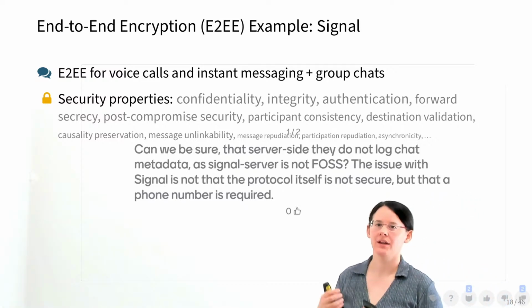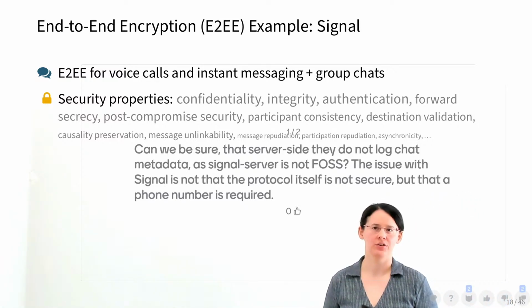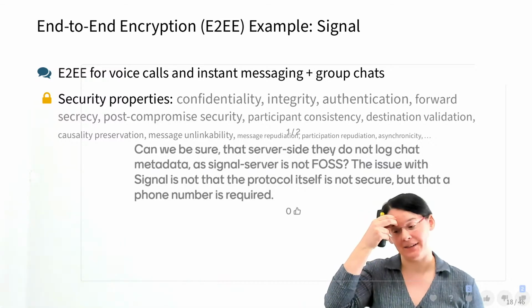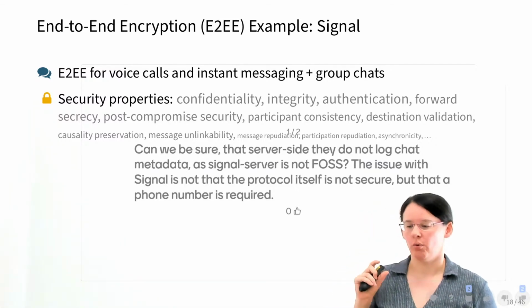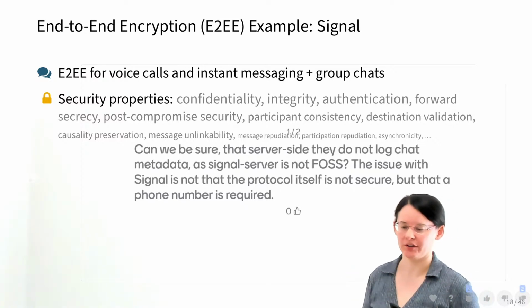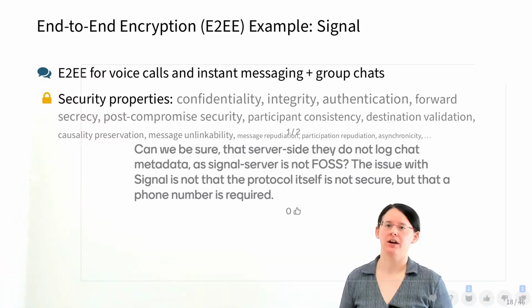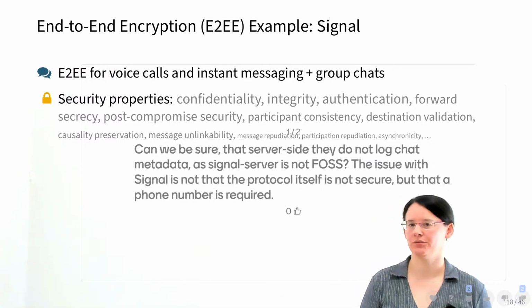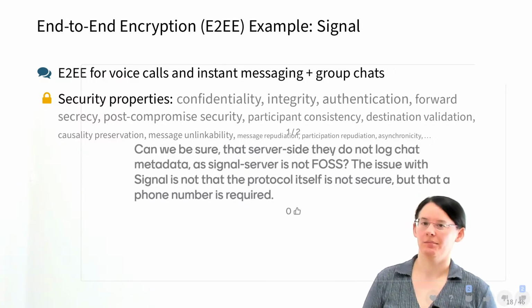And while Signal promises not to store any metadata, like for example, when you sent a message to which user or how long it was, this is a lot harder to verify because you can't validate exactly which software is running on their servers.